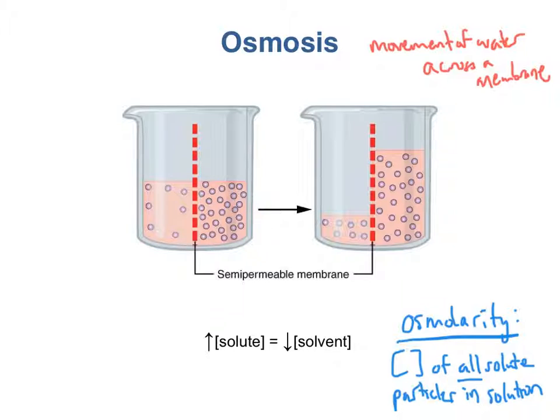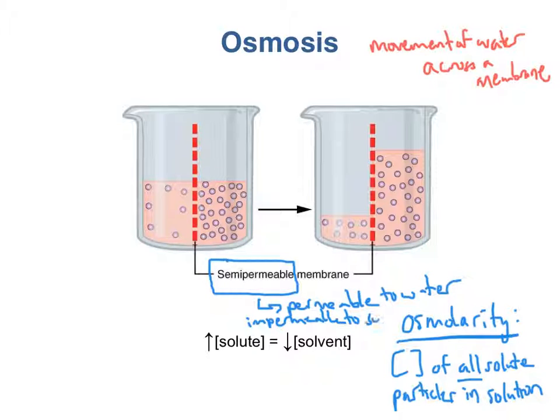The second thing that osmosis depends on is the permeability of the barrier. Notice that this is described as a semi-permeable membrane, and if osmosis is going to happen, that membrane must be permeable to water, so water molecules can cross it, but it has to be impermeable to solutes.